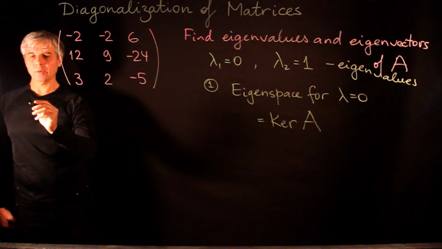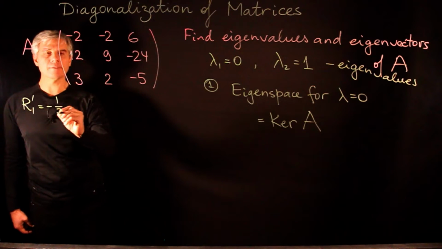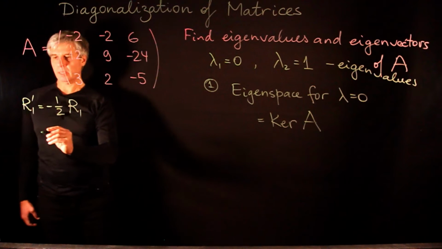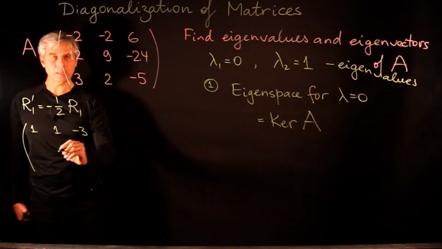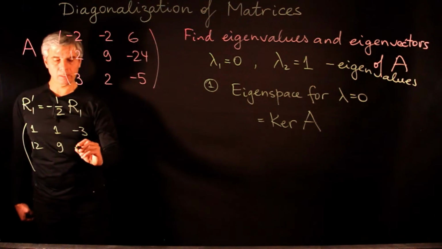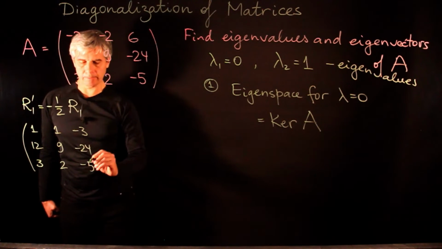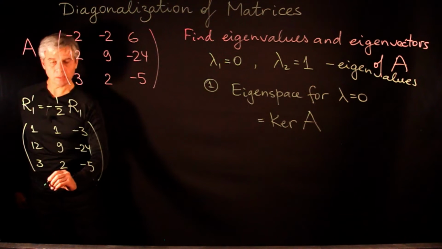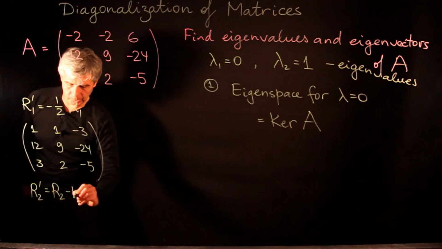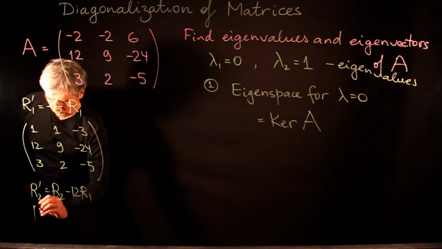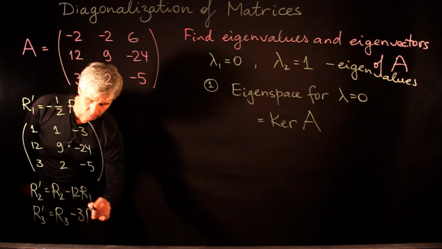The first step will be: new row 1 is minus 1/2 of row 1, and then the matrix will be 1, 1, negative 3, 12, 9, negative 24, 3, 2, negative 5. Then new row 2 is row 2 minus 12 row 1, and new row 3 is row 3 minus 3 row 1.